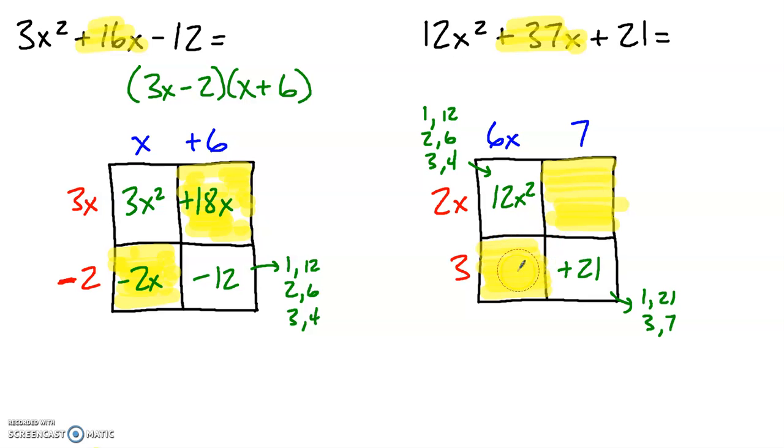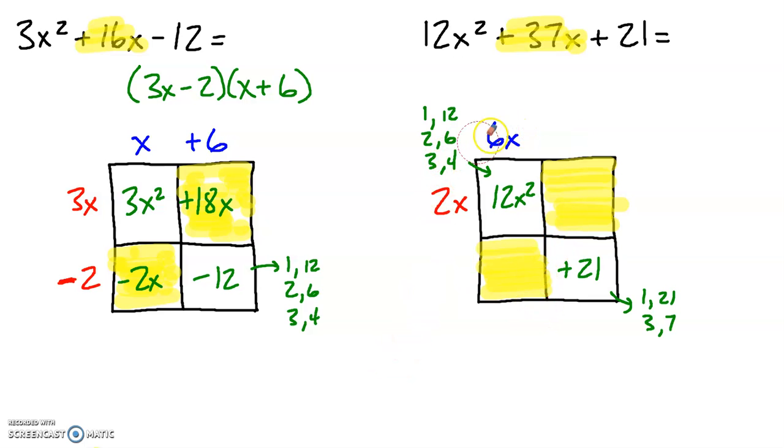That's 18x. 14 and 18 is not 37, so that's not it. Let me maybe try the other order. Let me put the 3 up here and the 7 here. So if I put the 3 and the 7, this is now 6x. This is 42x. Those don't add up to 37x either. That's not it either.